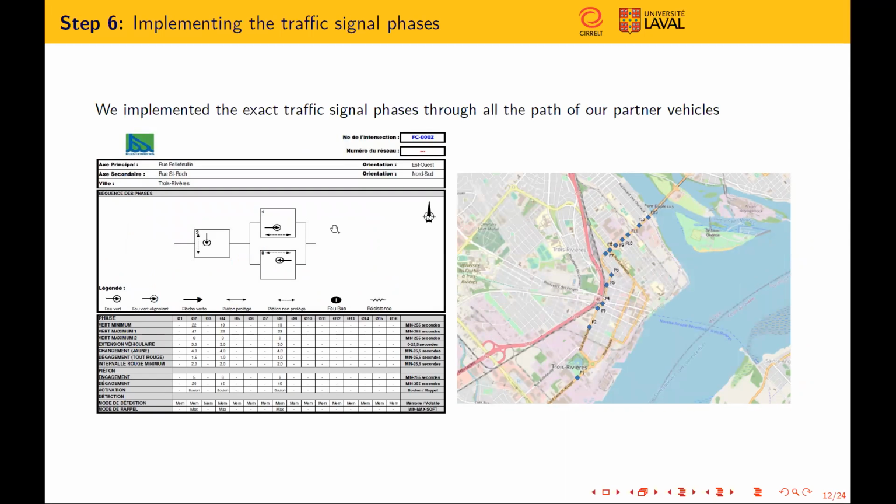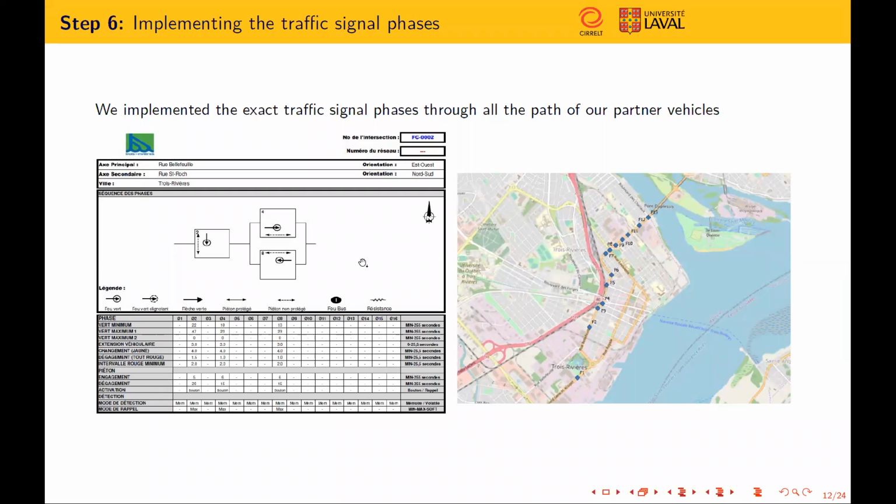Finally, we implement exact traffic signal phases through the 13 lights on our path. And for doing this, we have access to the programmation sheet.